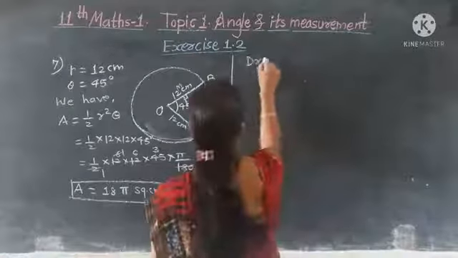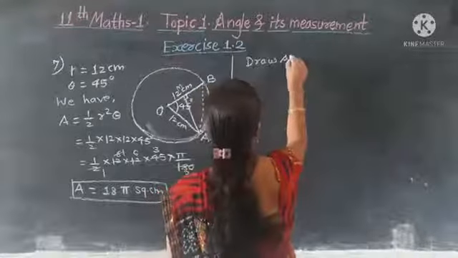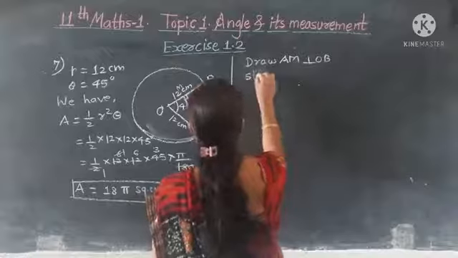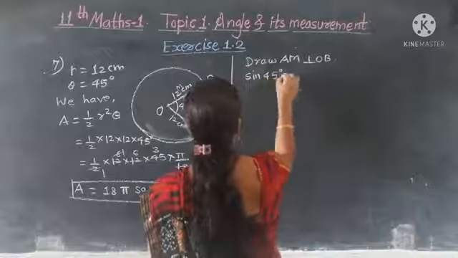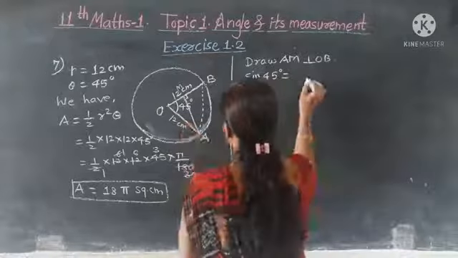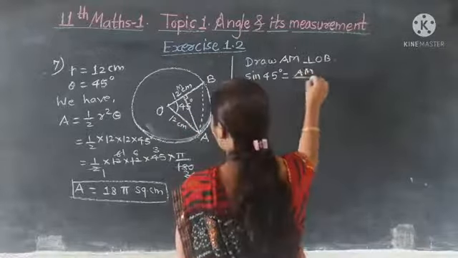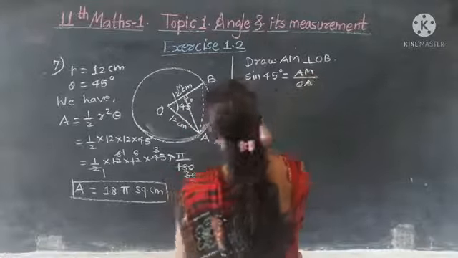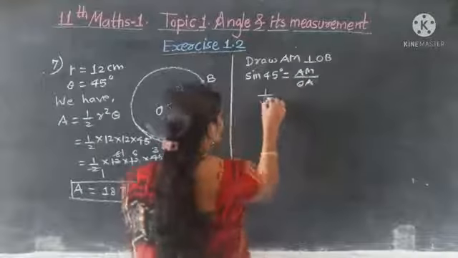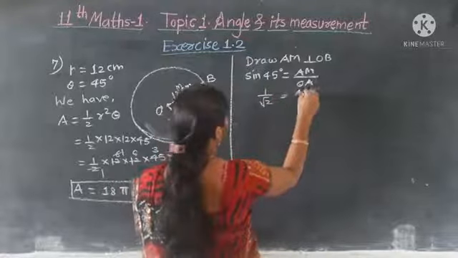Draw AM perpendicular to OB. Sin 45 is equal to, sin 45 means opposite side AM upon hypotenuse OA. What is sin 45? You know 1 upon root 2 into AM. We want AM.